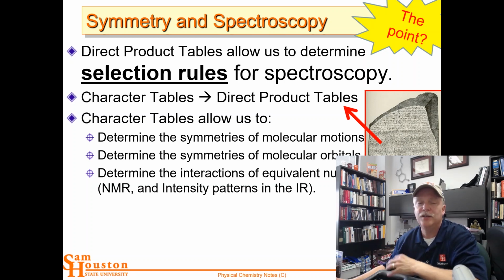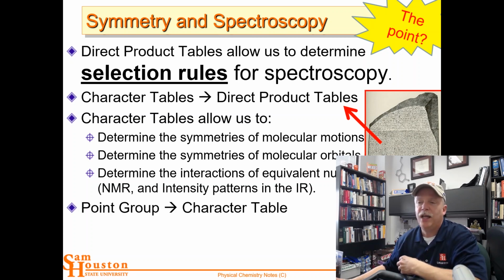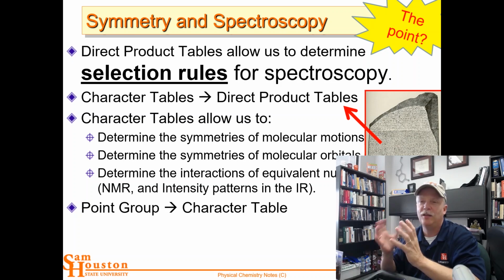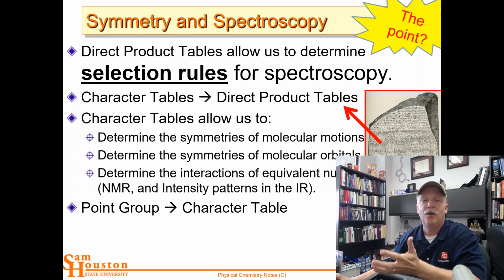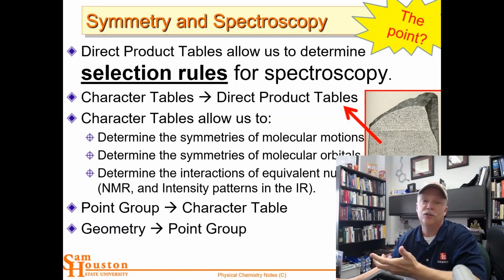And it also can give us intensity patterns in the infrared. Those come from those symmetry elements in the character tables. And we can't find the character table without knowing the point group. The point in the point group is the center of mass, and the group is sort of a mathematical group of symmetry operations. We don't know how to get the point group without the structure of the molecule.